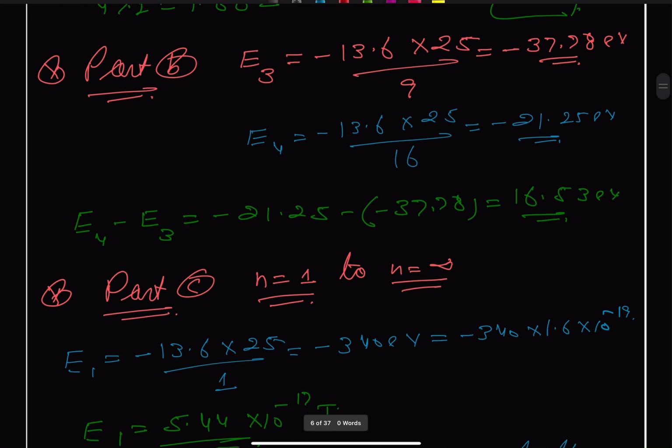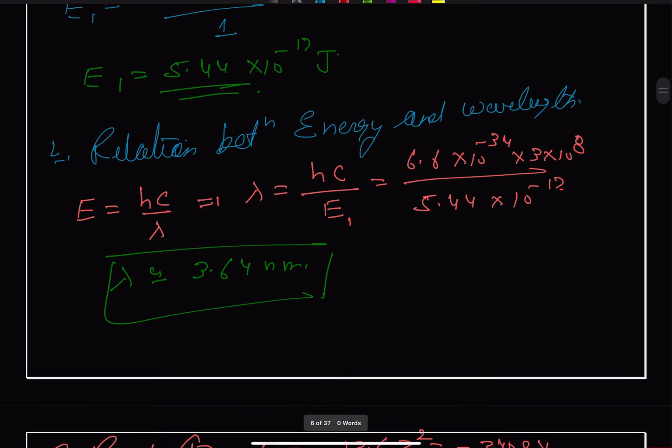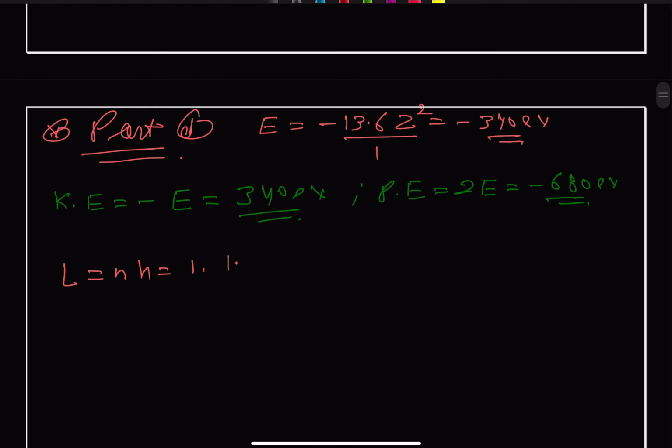This is, one second, I think this is not our Planck's constant, but it is written as n multiplied by the value of, you can call this h prime or something, it is called. I'm not able to recall it now. And this comes as 1.055 into 10 to the power minus 34 joules.